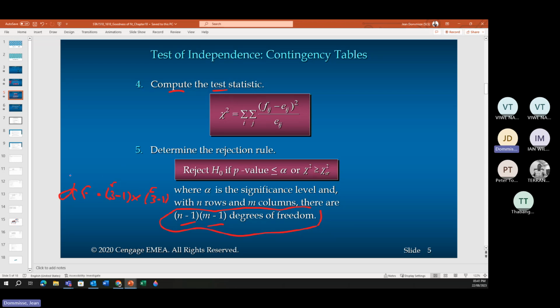So the degrees of freedom is different when we're looking at the chi-square test. It is degrees of freedom: rows minus 1 times columns minus 1. And you will see again in nearly all of the questions that this comes into play.